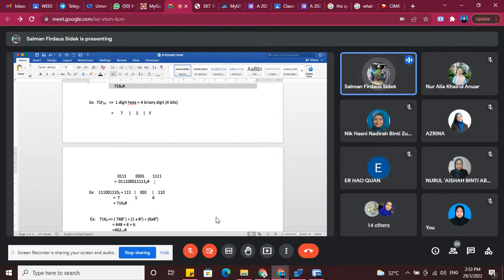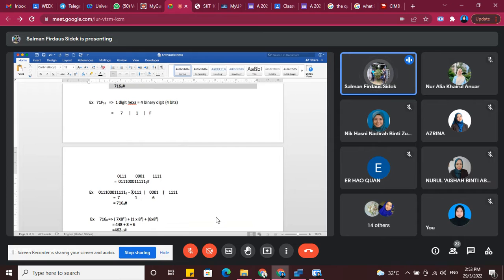Now, of course, we return back to from binary to hexa. Sama juga. Let's say we have this number. We divide this number 4 by 4. So we have 1111 here, and then we have 0001 here, and then we have 0111 here.